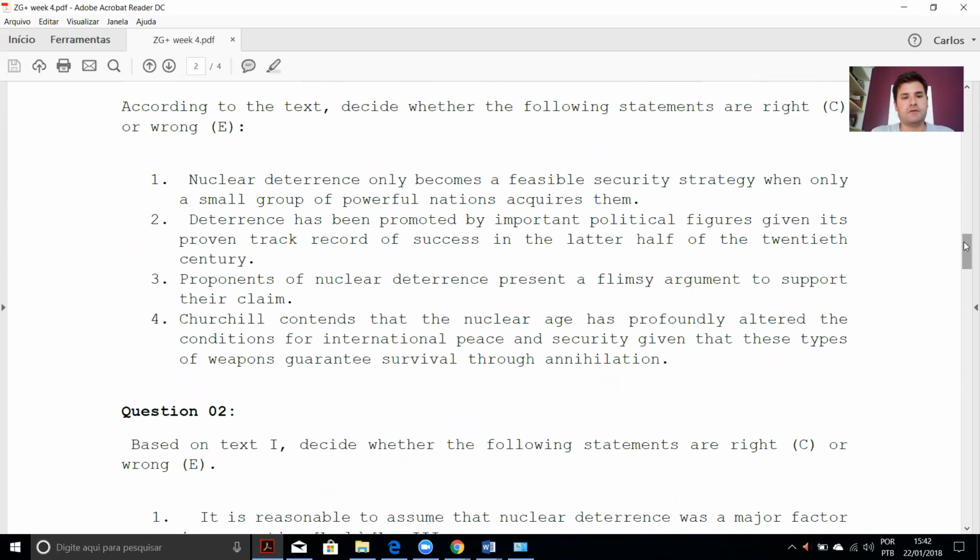4. Churchill contends that the nuclear age has profoundly altered the conditions for international peace and security. That can be gathered from the text. That is okay. Given that these types of weapons guarantee survival through annihilation, then the second part is incorrect.